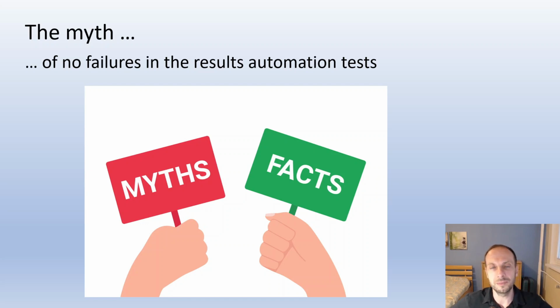This could be the reality if we have 5, 10 or a very limited number of tests, which one of them will fail once per week, once per month. Okay, in that case it's possible.